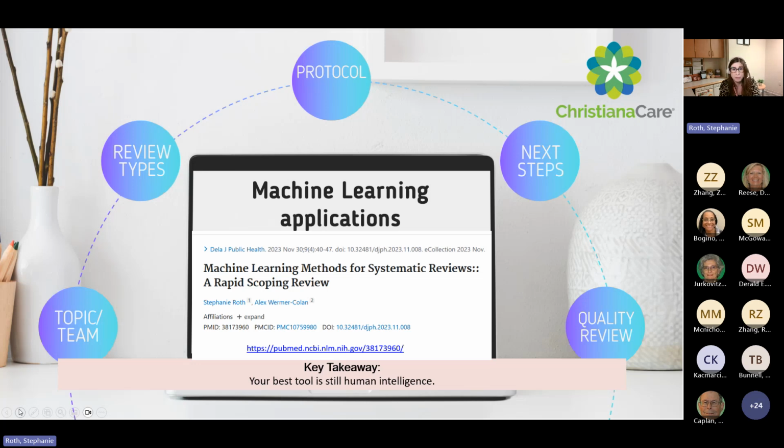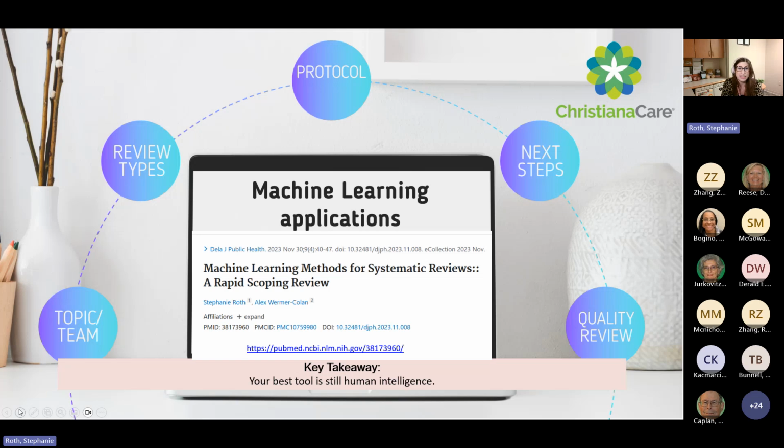And I'm not someone that's completely opposed to AI. Before AI, I was already thinking about these things before a lot of people were really talking about it. With one of my colleagues at Temple, Alex, we worked on a machine learning methods for systematic reviews rapid scoping review.